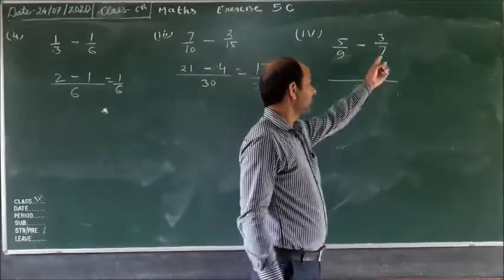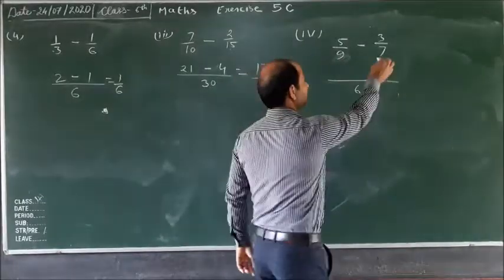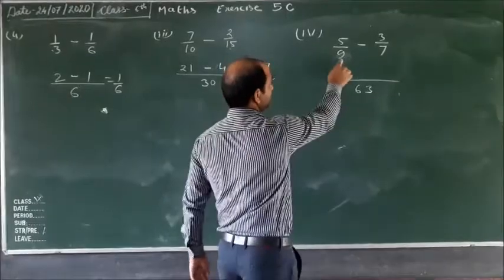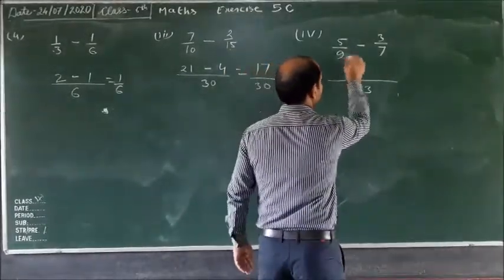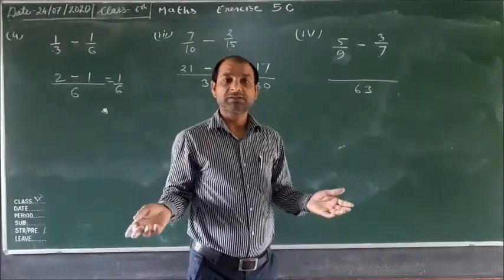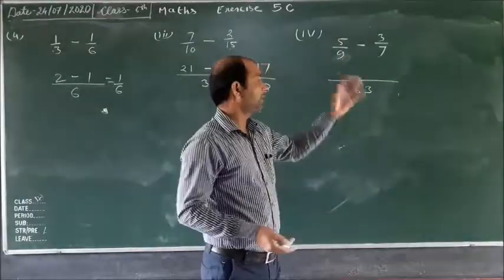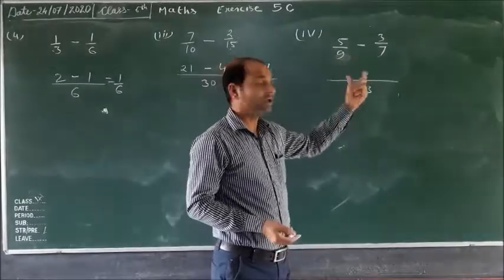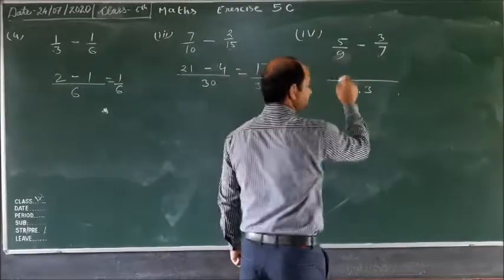Because 7 is a prime number and 9 is a composite number, and 9 is not divisible by 7. So when numbers are divisible by different numbers, then we multiply. We find the product of these numbers, and the product of these numbers is the LCM. Okay, so 7 times 9 is 63.